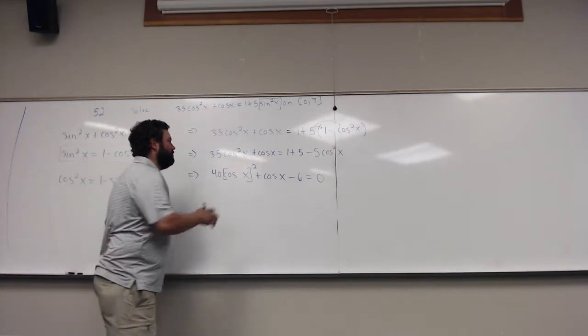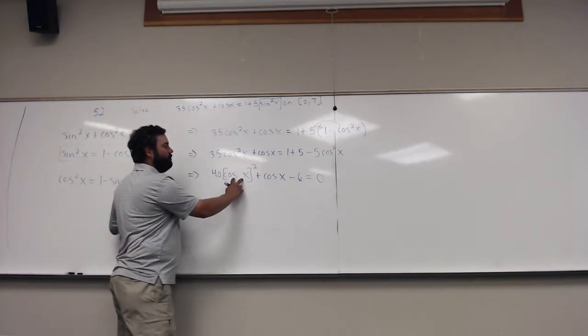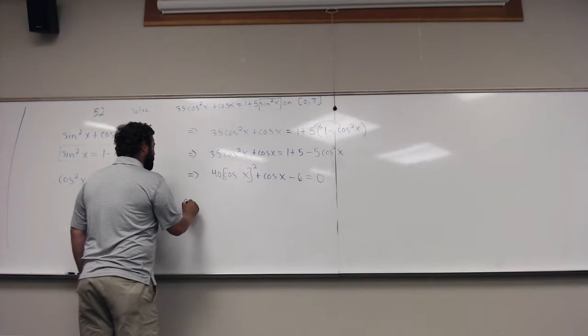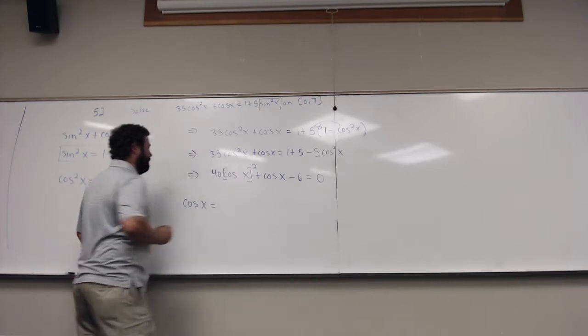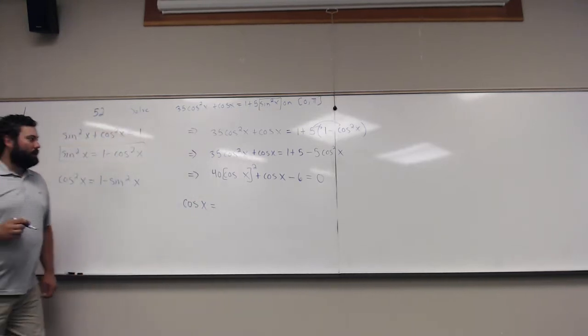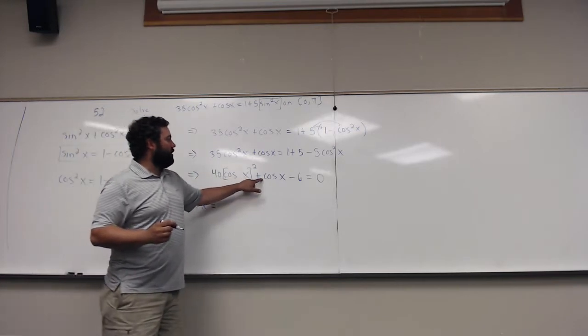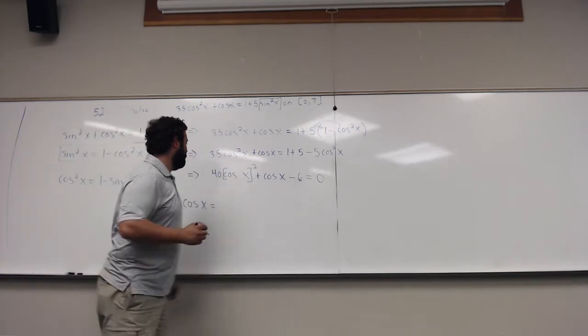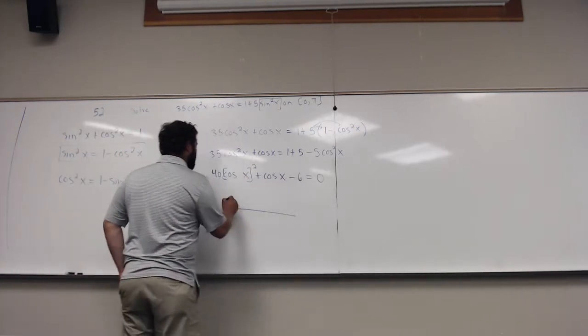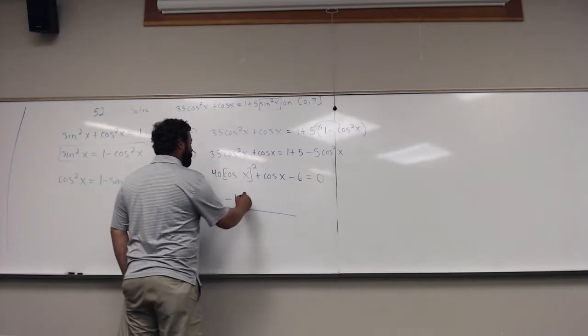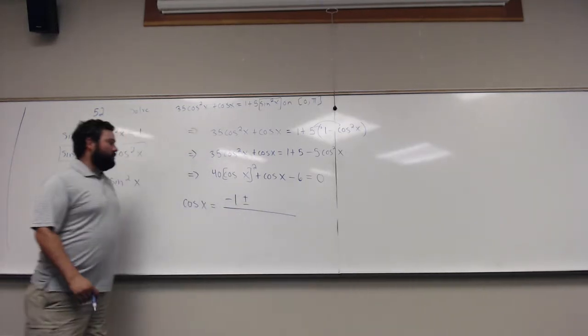Like I said, you're treating cosine of x as the variable, so you can use the quadratic formula to solve for cosine of x. 40 is the A, positive 1 is B, and negative 6 is C. The quadratic formula says you take minus B plus or minus.